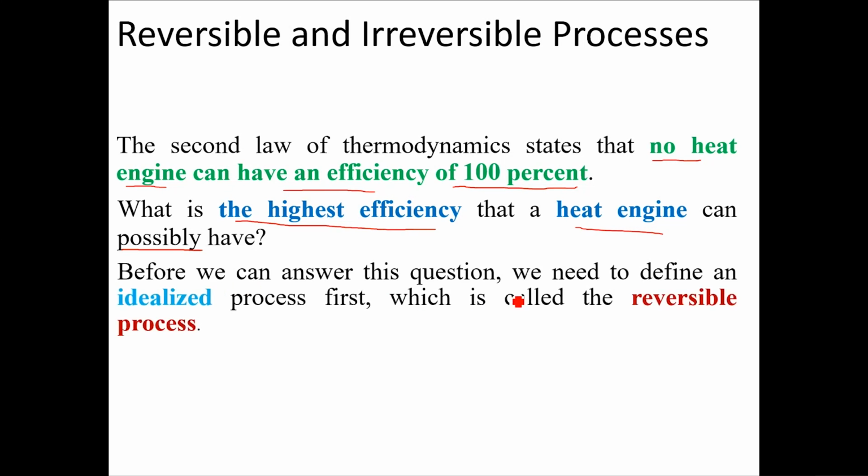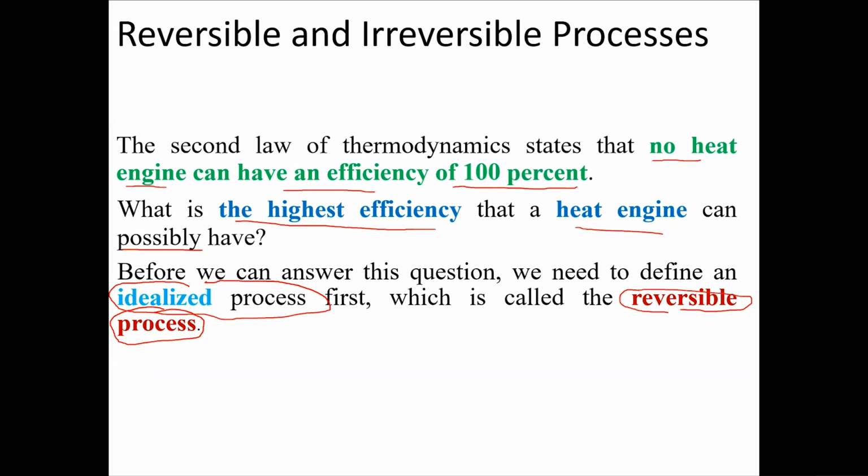Before we could answer this question, we need to define an idealized process, and we call it a reversible process. Remember that the features of the reversible process, which we'll define in the coming slides, are basically an idealization.